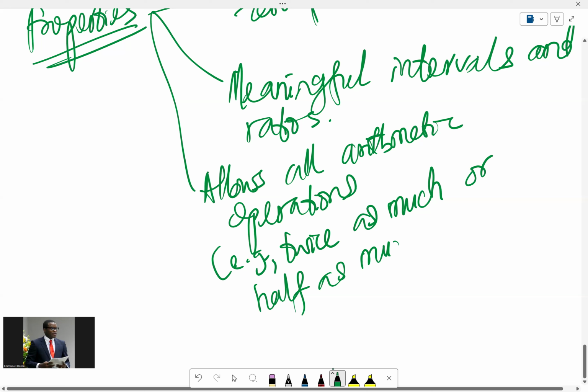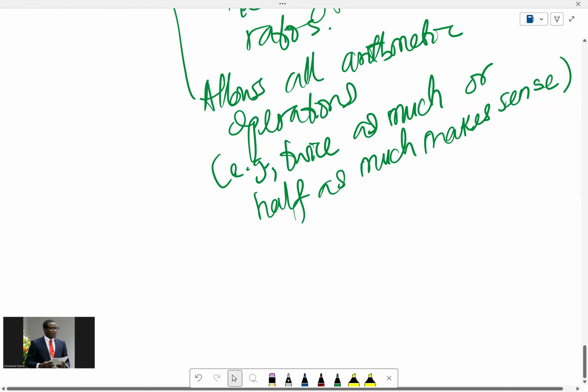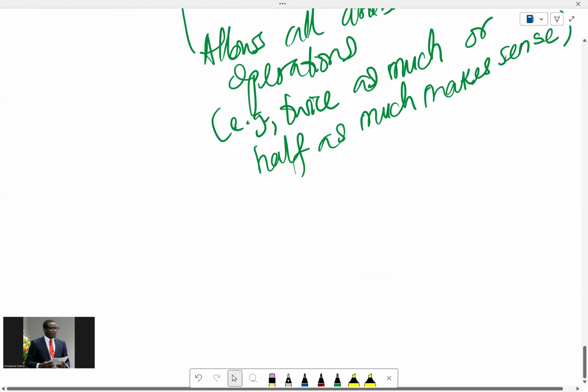You can have that too. So in essence, we are saying that twice as much or half as much makes sense. You can multiply, divide, add, subtract. You could only add and subtract with interval scale, but you could not multiply or divide. But here you can multiply, divide, add, subtract, and all that.